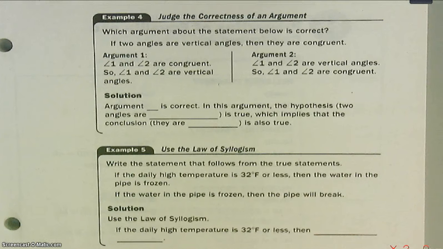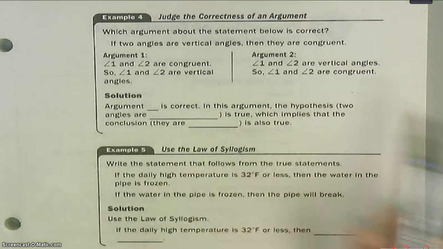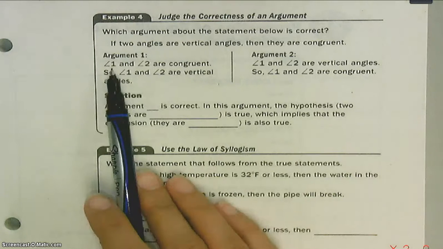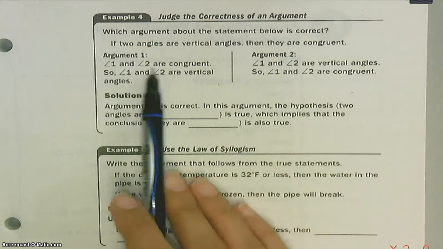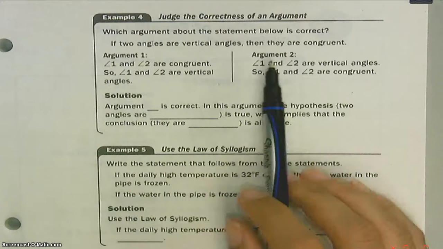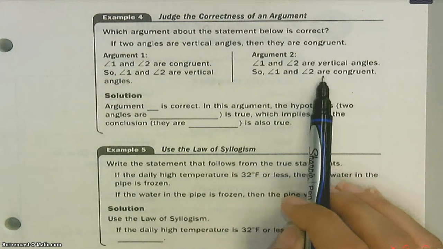Which argument about the statement below is correct? If two angles are vertical, then they are congruent. Here's argument 1. 1 and 2 are congruent, so that means they're vertical. Here's argument number 2. 1 and 2 are vertical, so that means they're congruent.